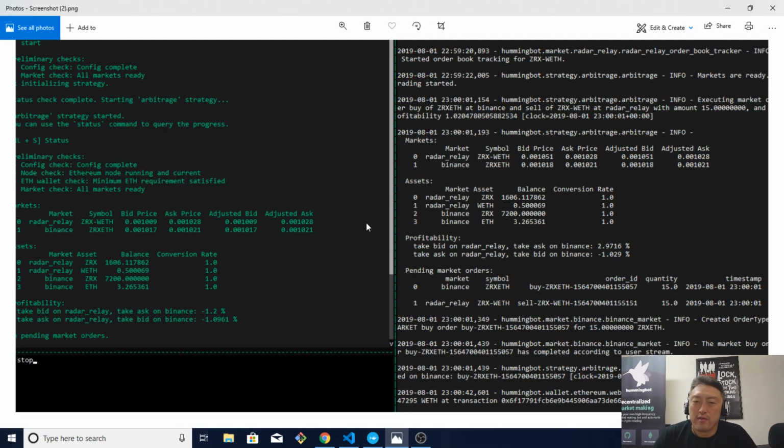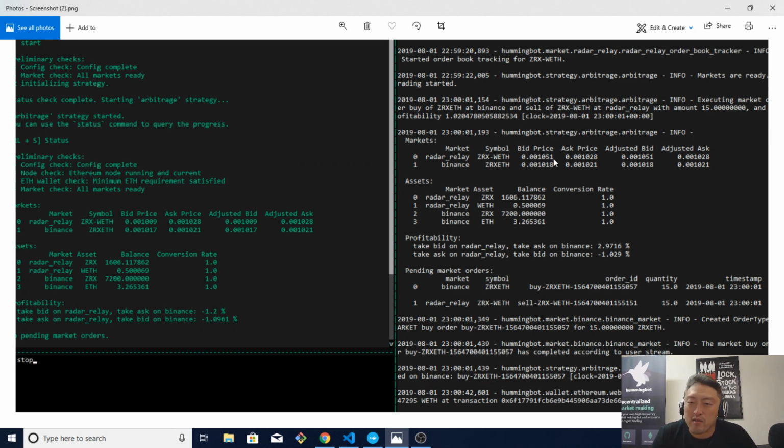So this is a screenshot from earlier today, and I think what happened here was someone accidentally put a fat finger order in on Radar Relay, because if you look at this price diagram over here, typically the price to buy something in a market is always lower than the price that they're willing to sell something.